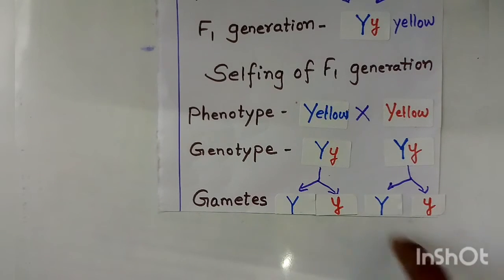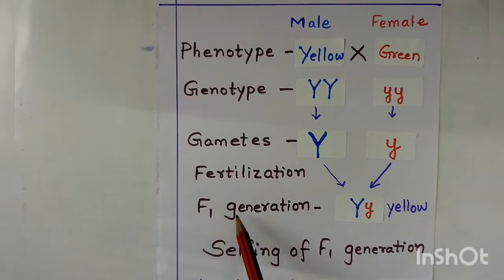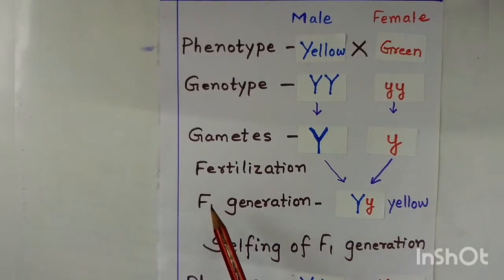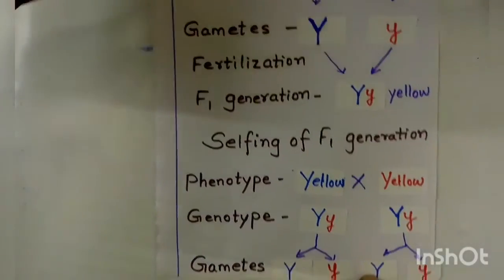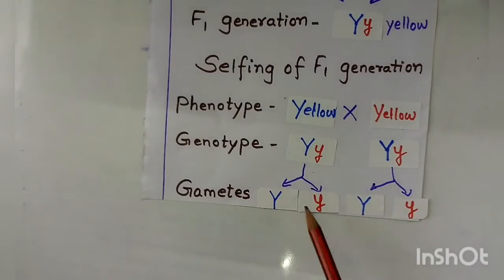So for the first law, that is the law of dominance, we have to draw the schematic representation up to the first generation. Whereas for the second law, we need the second half, that is after selfing of the F1 generation till the formation of gametes.